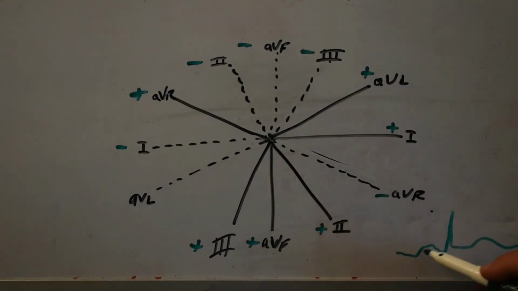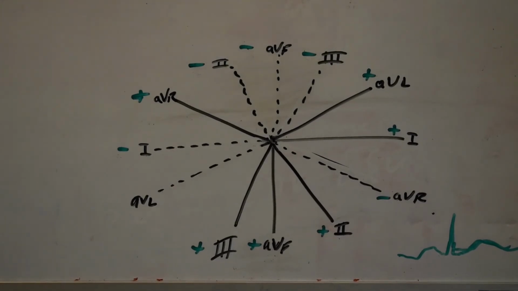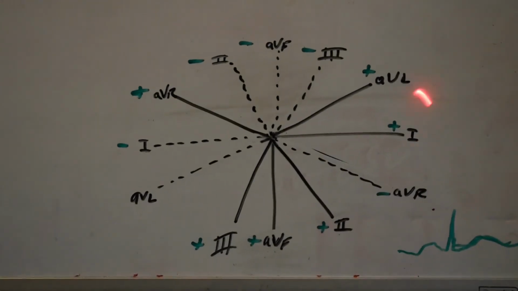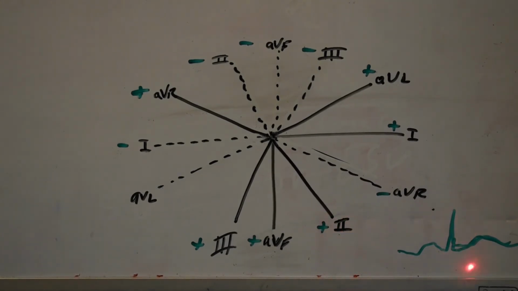A positive QRS complex. This should come all the way down. I don't want there being any ST segment elevation or anything like that. But basically what that is showing is the signal is traveling towards the positive end in lead 2.